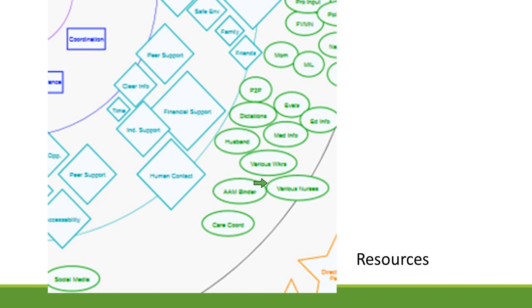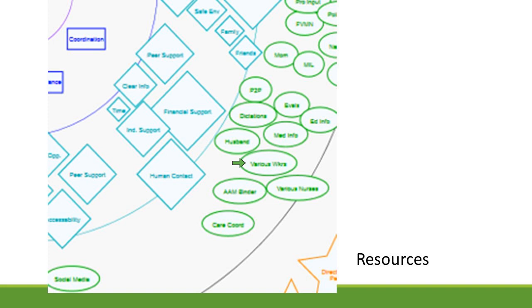And then I put in here various workers and various nurses because I feel like they are definitely my resources. The nurses who work with the doctors, they have been really helpful in giving me that direct human contact.